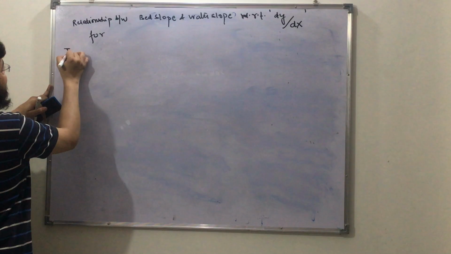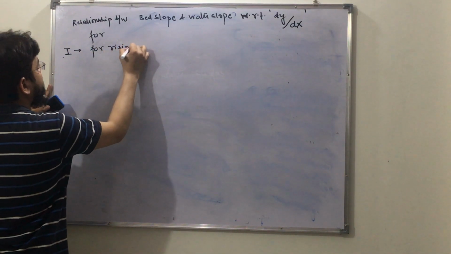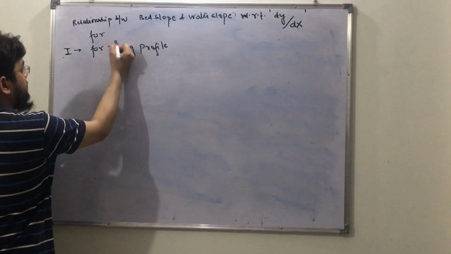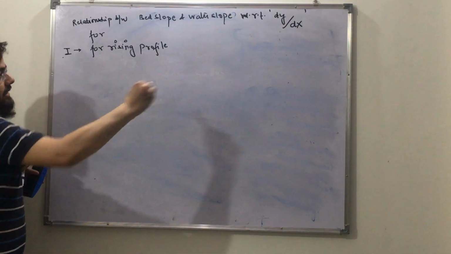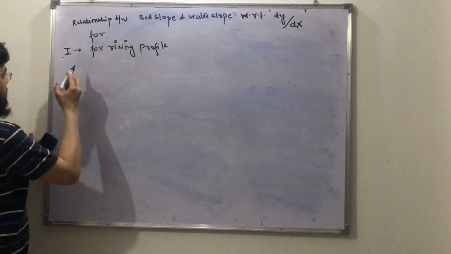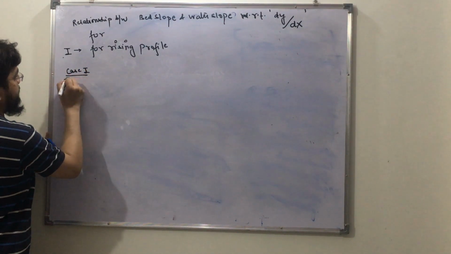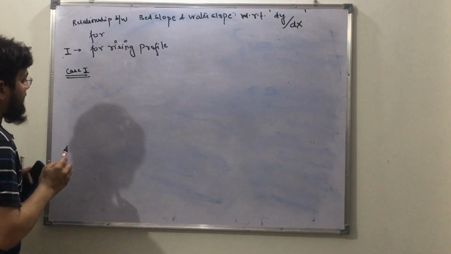First, we are focusing on the rising profile. Rising profile means the water level has increased. In this case here we can take case 1. Case 1 is very similar to that previous one that we have discussed.